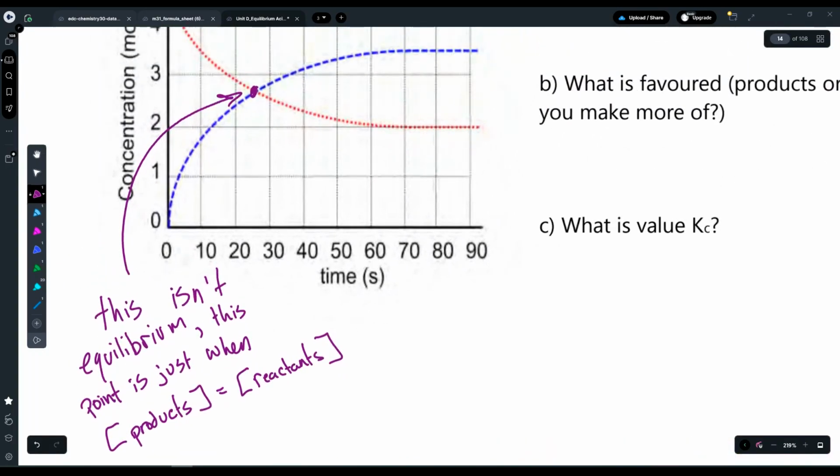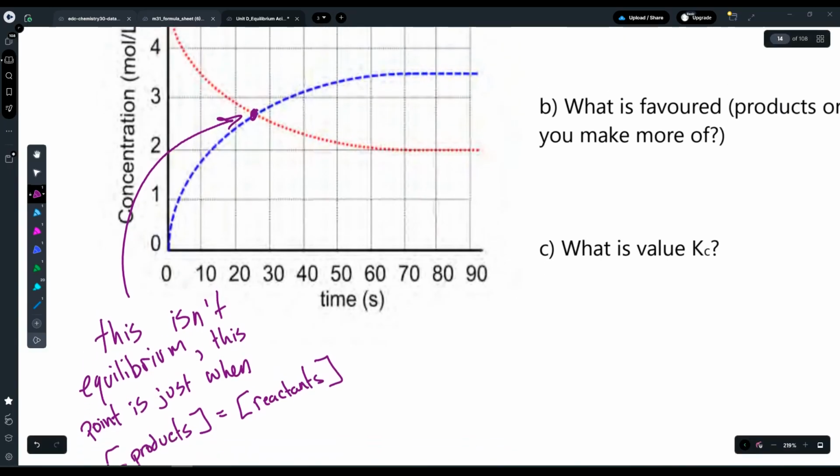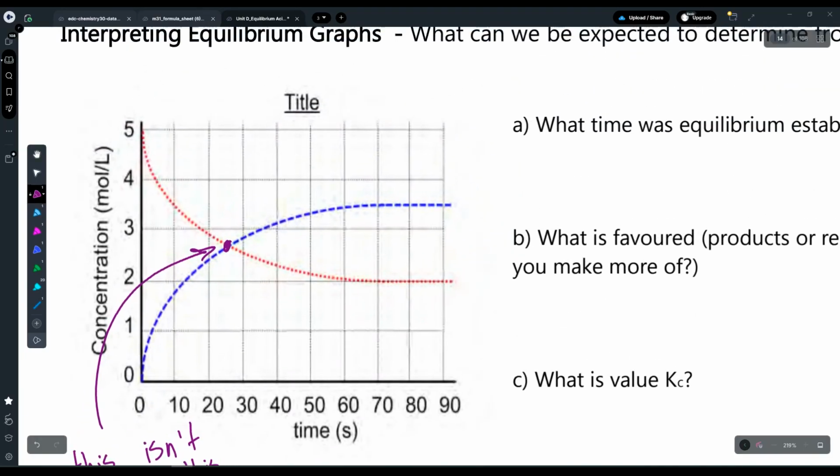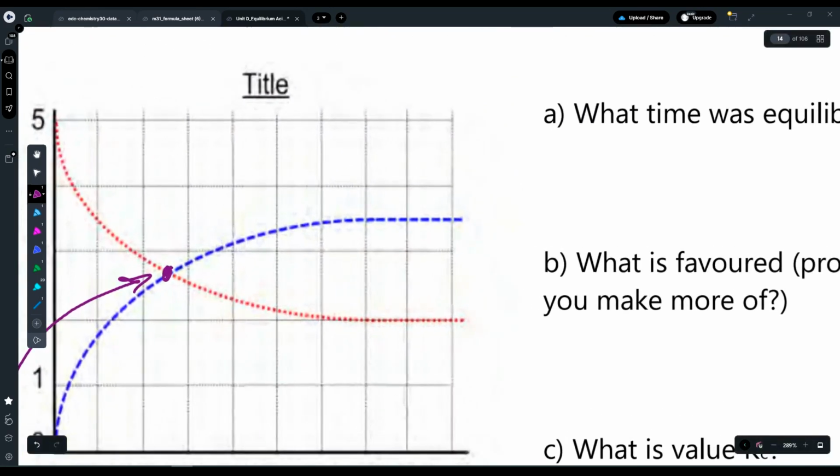Okay, so where the lines cross isn't where equilibrium is reached. It's just the point where the concentration of your products is equal to the concentration of your reactants. Okay, where equilibrium is going to be reached is when the lines become parallel here.